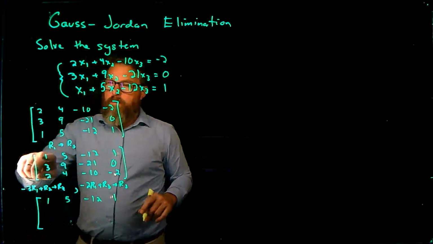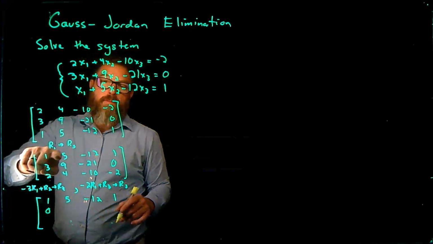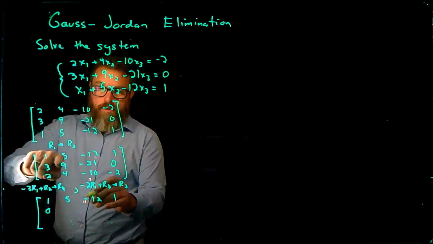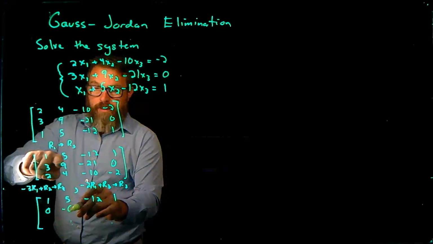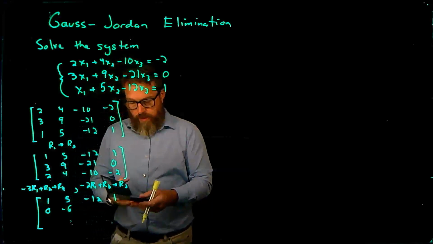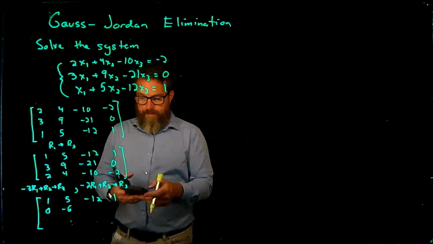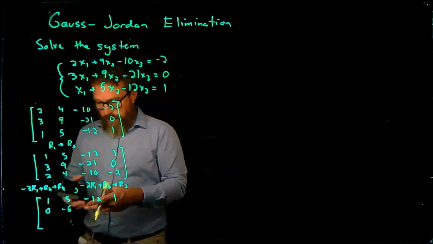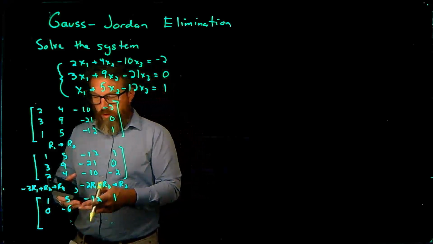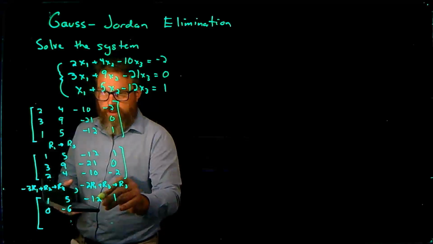All right, so minus 3, this is 0. Perfect. Minus 3 times 5 is minus 15, plus 9 is going to be minus 6. I should have a calculator out just to double check these. Now, minus 3 times 12 minus 21 gives us minus 57.